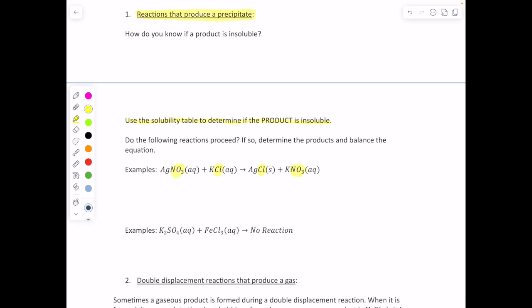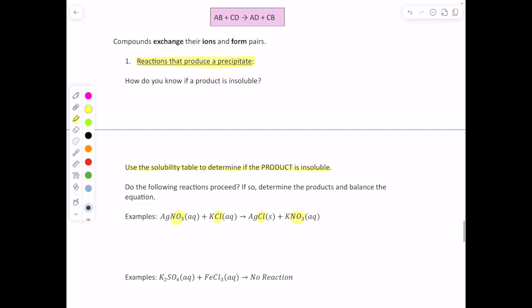It will occur because silver chloride, based on our solubility table, is insoluble, and potassium nitrate is soluble. So what we formed here is a precipitate. If a precipitate forms, then this reaction takes place.